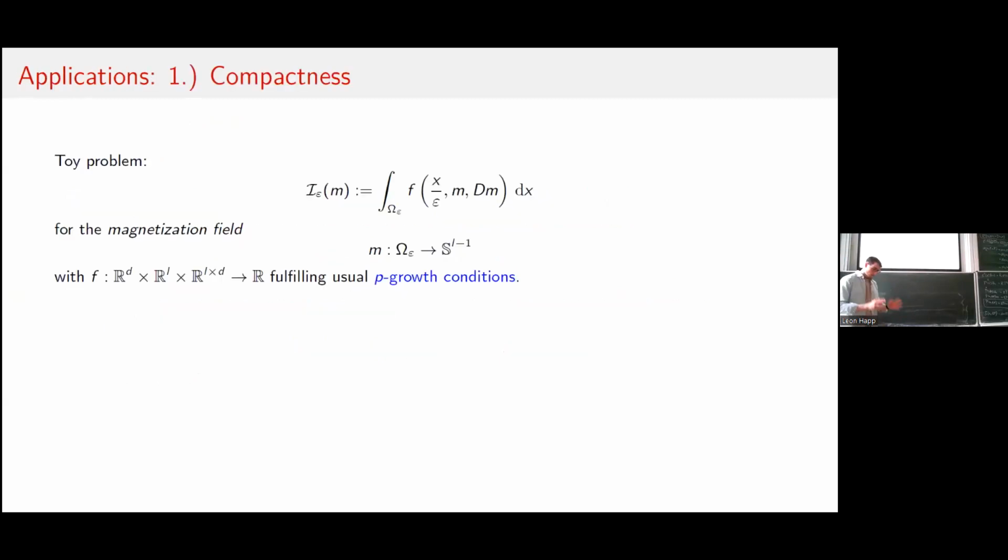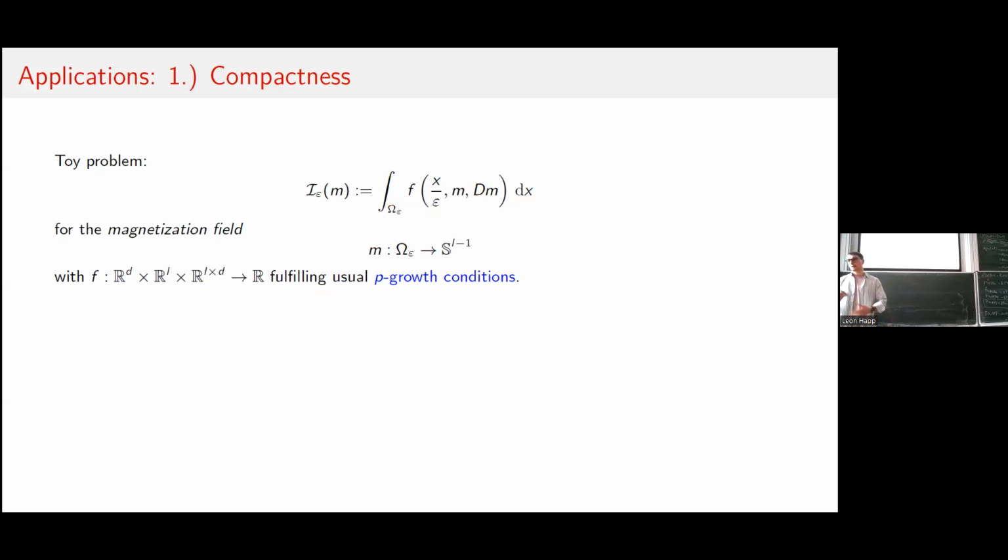And okay, the first application maybe we have in mind is compactness. So if we look at some toy problem like this, we have on our perforated domain Ω_ε, we are given an energy density, which is oscillating with a scale ε, and depending on the magnetization and the derivative of the magnetization, where I now take the magnetization field in S^{n-1}. So we generalize this to higher dimensions also.